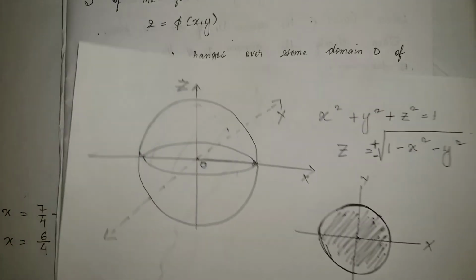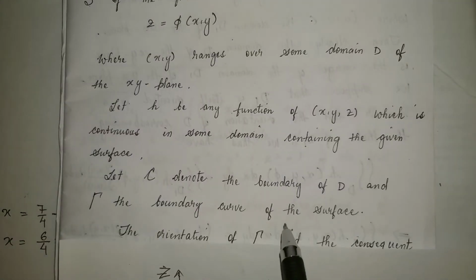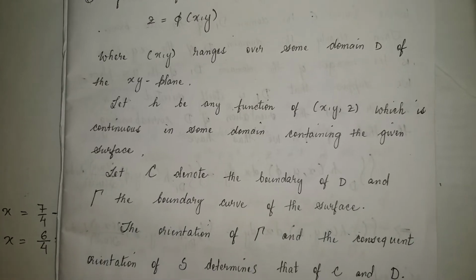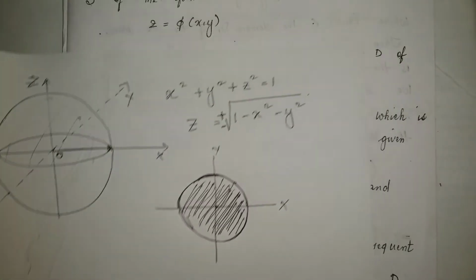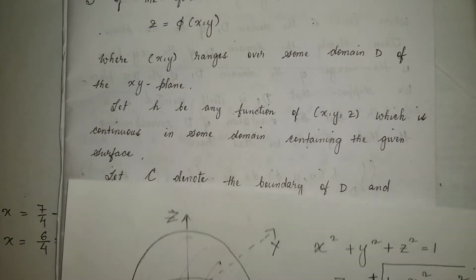And rho is the boundary curve of the surface. Remember that the orientation of rho, the boundary curve, and the orientation of C, which is the boundary of D, should be the same.